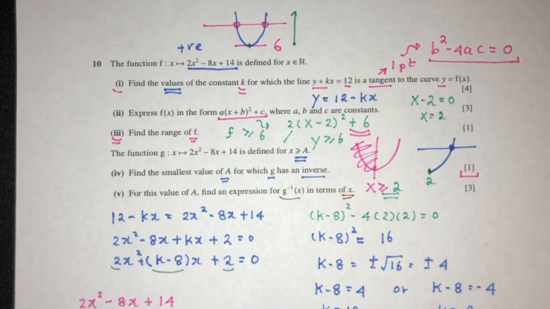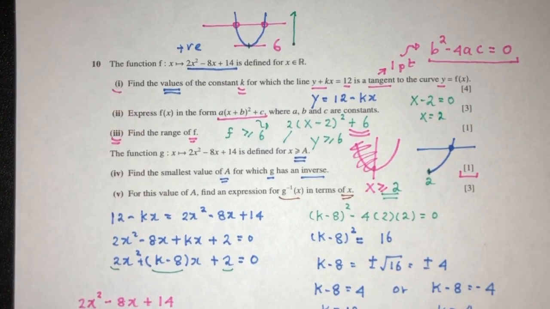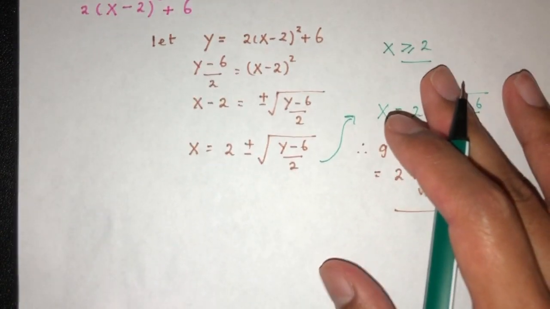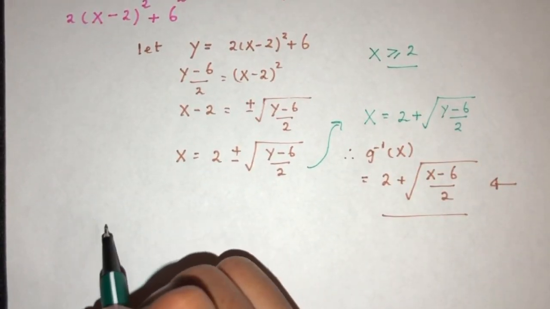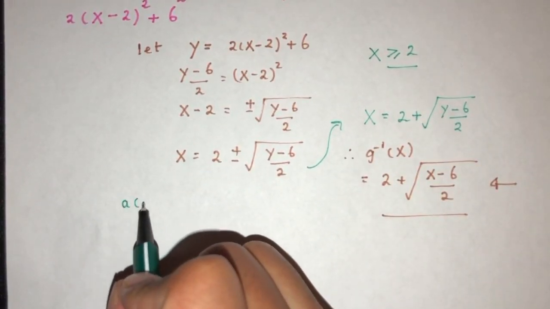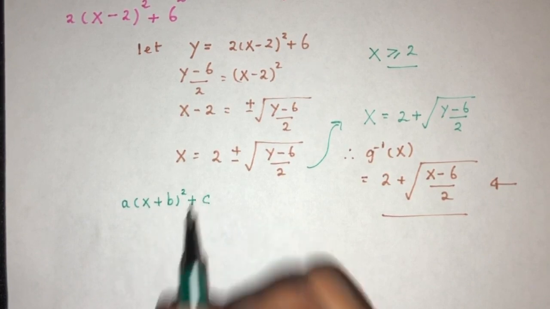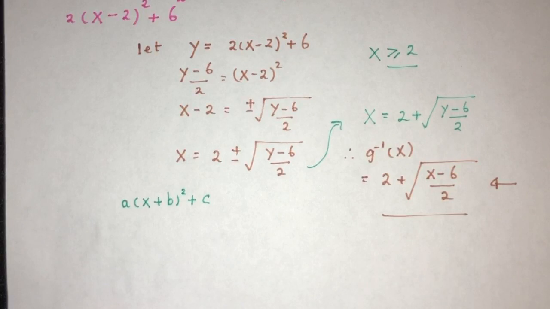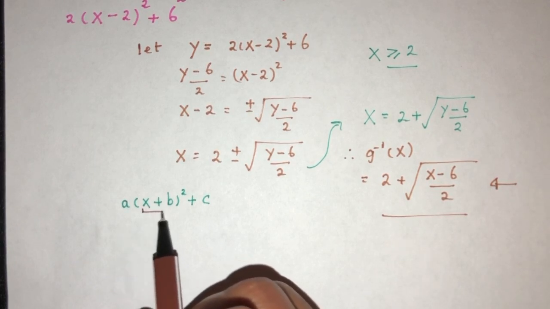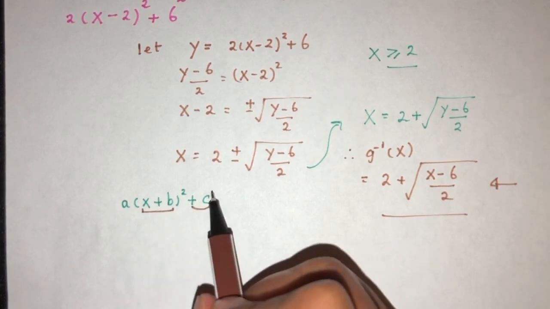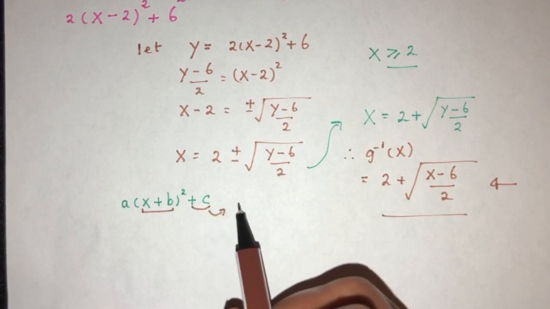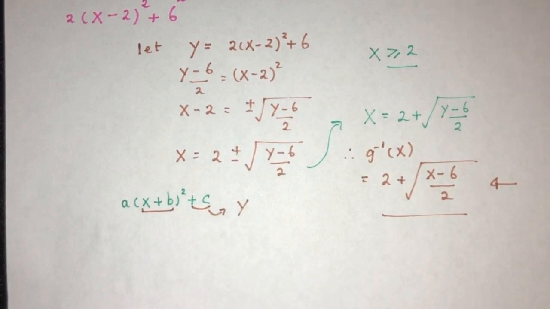Again, let me just do a recap for this part. Pretty easy. Whenever you have to express your function in completed square form, a(x plus b) squared plus c, if the question is asking you to find the stationary point or the minimum point or the maximum point, we look at the value inside and the value at the end. The value at the end is the y value, something you have to know at this point.